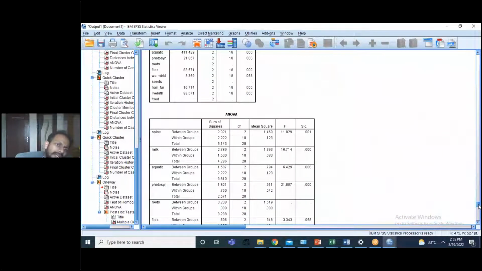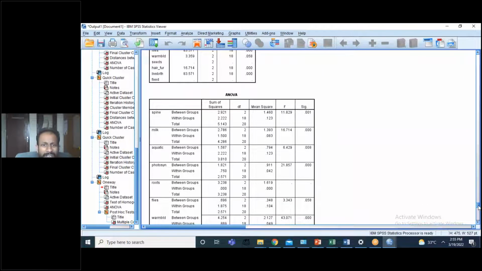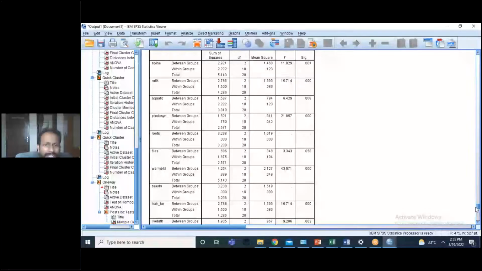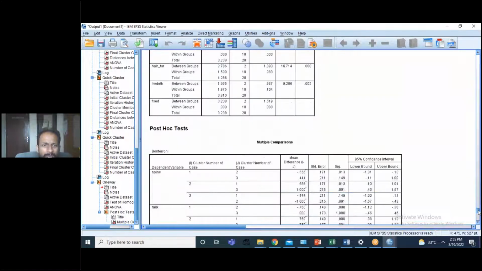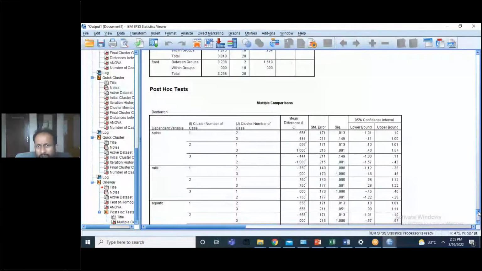Now look at this ANOVA table. You can see that characteristics like spine have a significant relationship, gives milk has a significant relationship, and photosynthesis has a significant relationship. Whether it flies or not alone does not have a significant relationship. If you analyze the post hoc test, you can see there is a significant relationship between the characteristics and the type of cluster it belongs to.